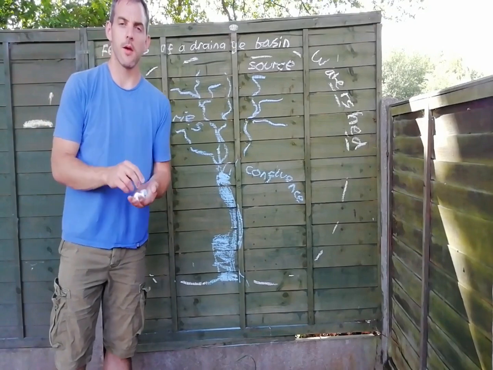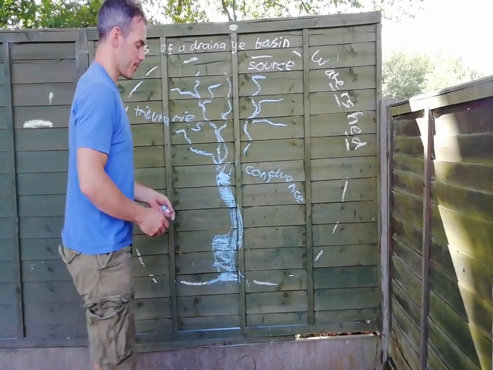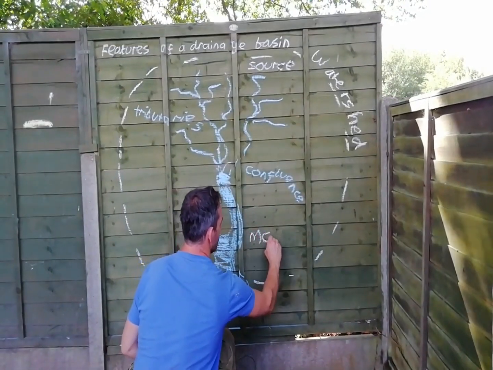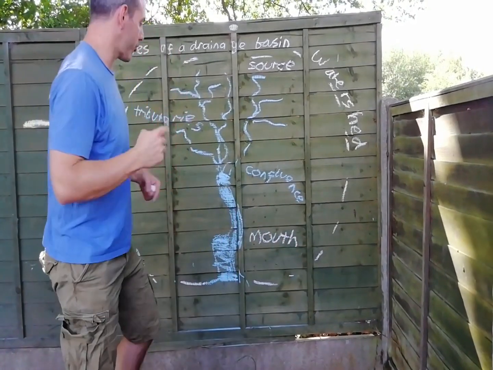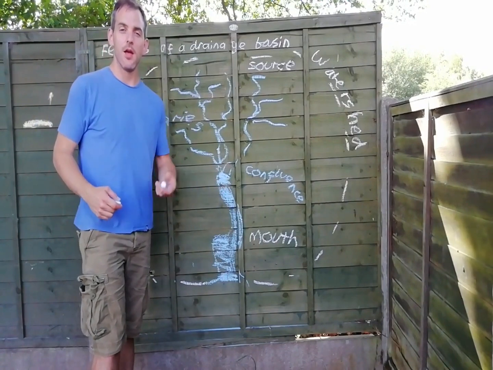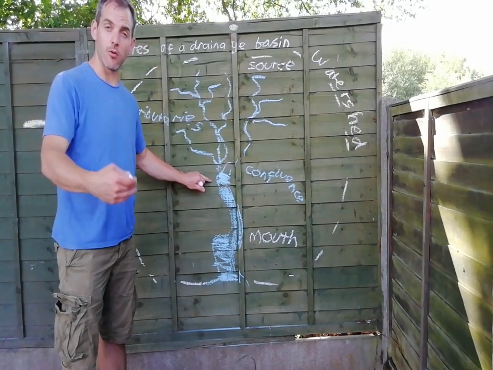Eventually, the river meets the sea, and that is called the mouth of the river. Going back just a bit, you also find large bends in the river called meanders, and you find these in the middle course of the river.